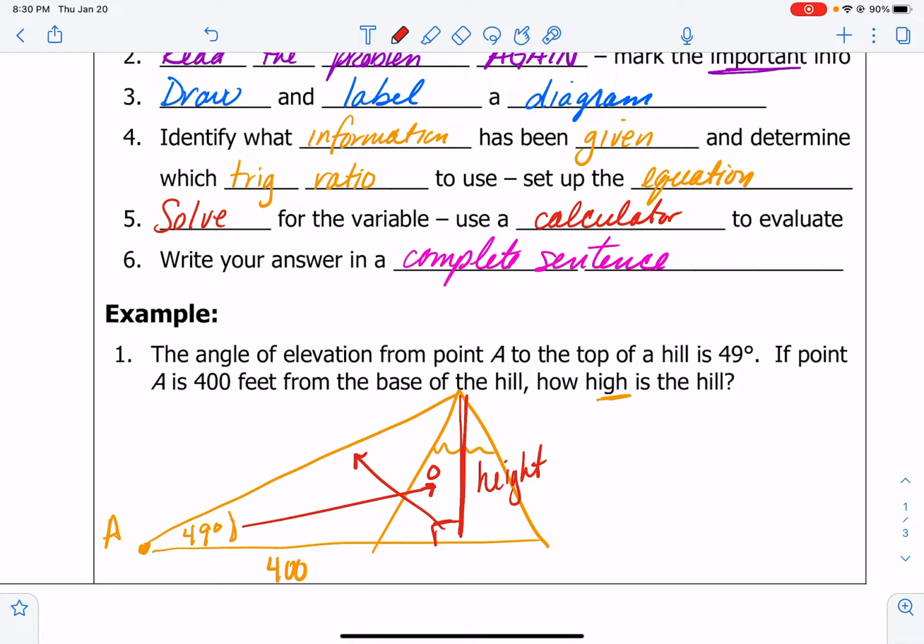So this would be my hypotenuse. And then that would be the adjacent. So I have an adjacent side and an opposite side that I want and an angle. So if I have O and A, that's tangent. So tangent 49 equals O over 400.